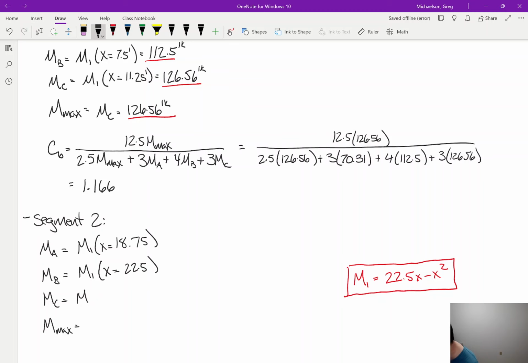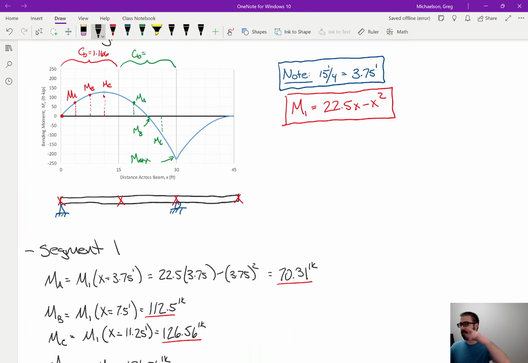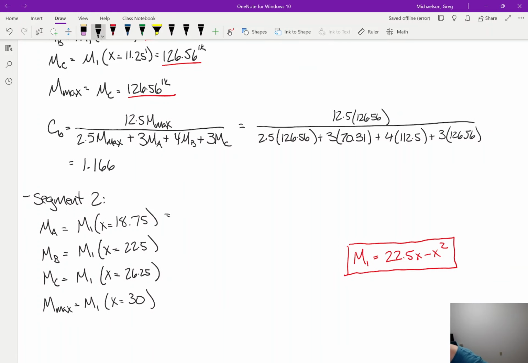This is going to be M1 at X equals 26.25. This is going to be M1, in this case, at X equals 30. Okay, because again, from our moment diagram, we know that the biggest moment is on that far end. So I'm just going to plug and chug into this expression. Okay, so I'm just going to use my substitution feature here.